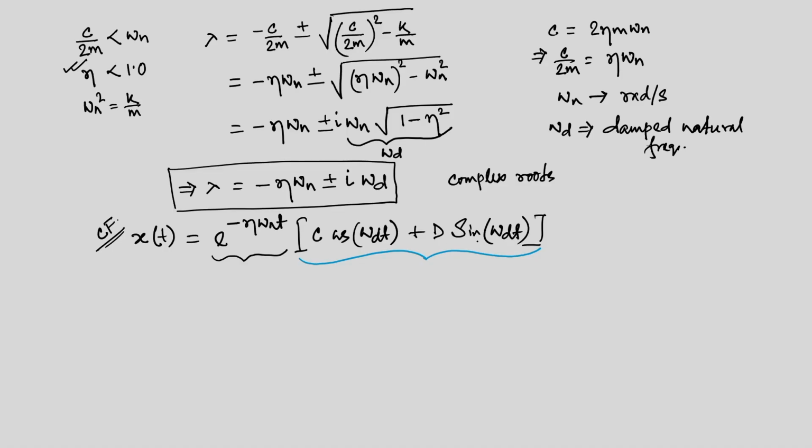But even before that, just by looking at the solution, because of the sine and cosine terms, the solution will be periodic, and hence we will have vibrations or oscillations. Now, our next task is to find these two constants c and d. We will do that in a minute.